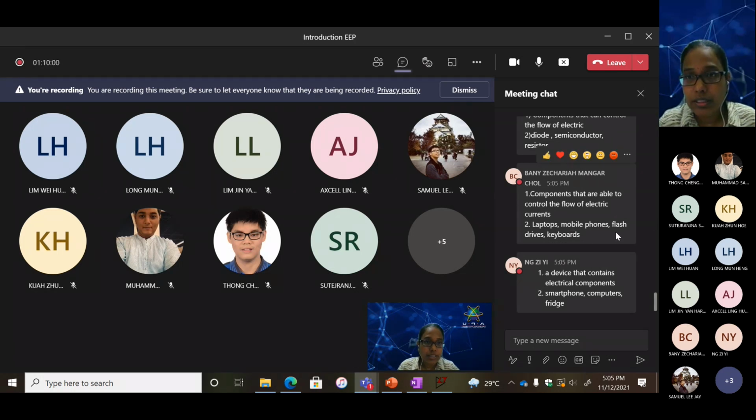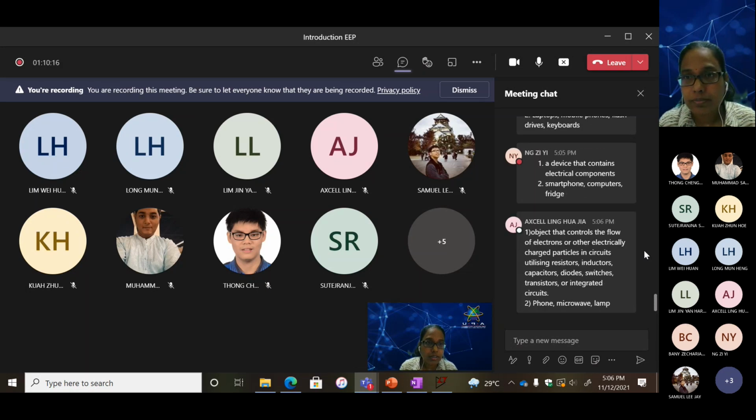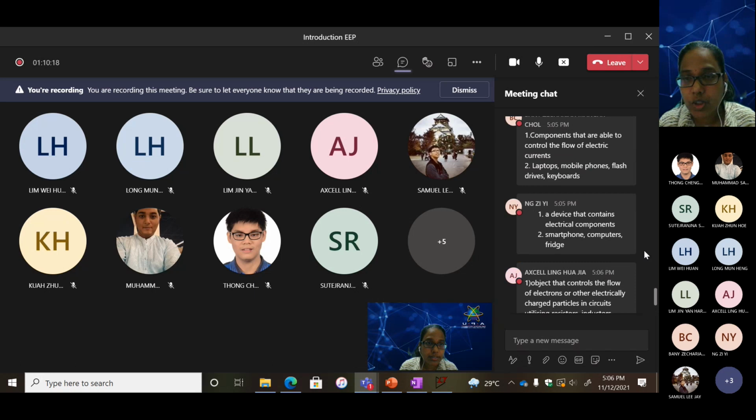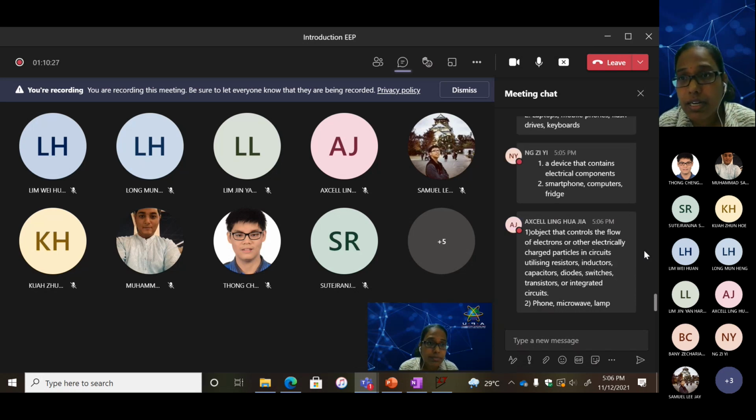The next one, components that are able to control, okay, the same. I hope you can give me a different answer. Control the flow of the electrical current, that's right. Laptop, mobile phones, flash drive. Pen drive, flash drive, keyboard. I go one by one, you just send your answer in the meeting chat and I will check. A device that contains electrical components, a smartphone.